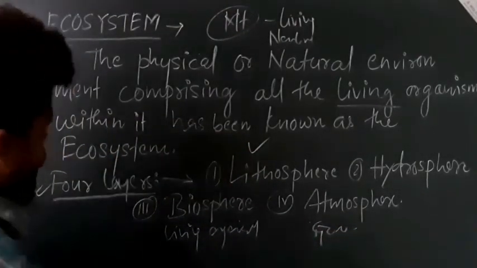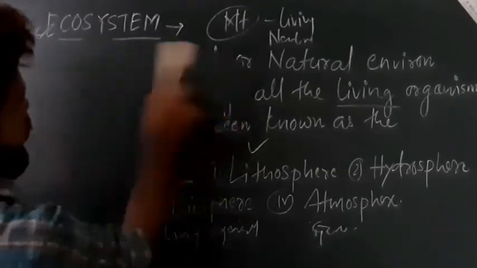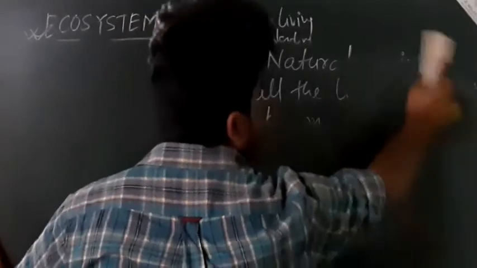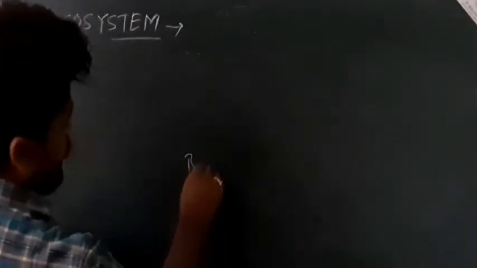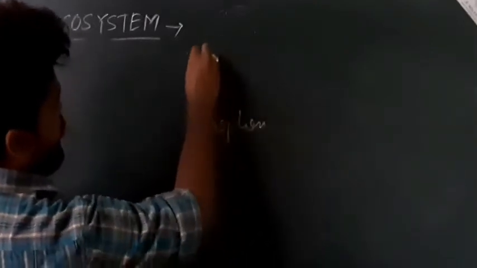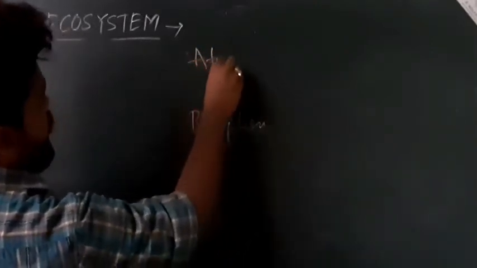One question frequently comes every year: you have to write the interrelationship between the atmosphere, lithosphere, hydrosphere and the biosphere. Suppose I write here biosphere, because one diagram is also there in the book, you can see it, right? Here atmosphere is there.